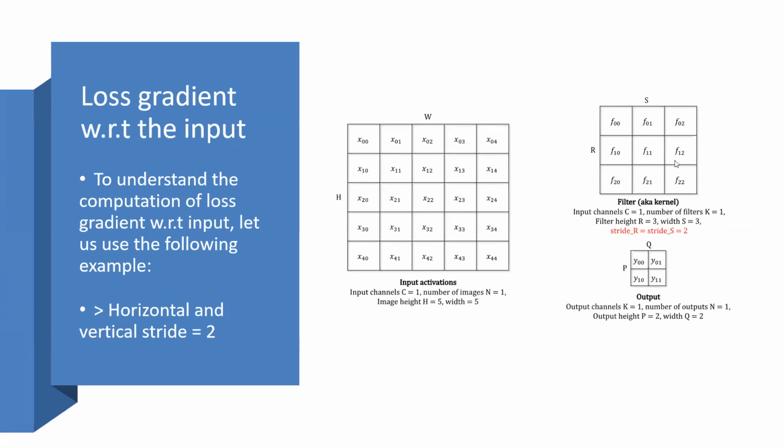And then we have our filter, which is also our kernel, whereby the input channels are still 1, the number of filters k is equal to 1, and we have a stride of 2 on both horizontal and vertical. And then this is the output that is produced by this filter convolving with this input.